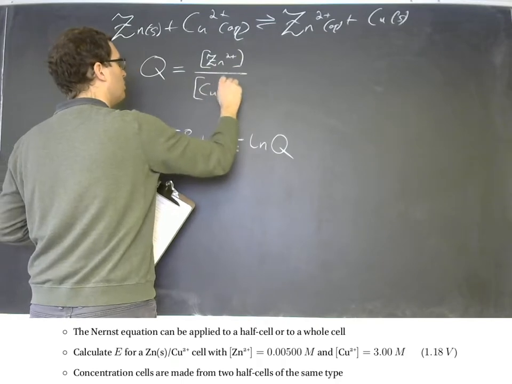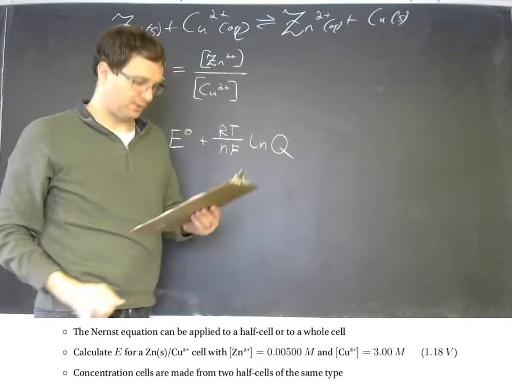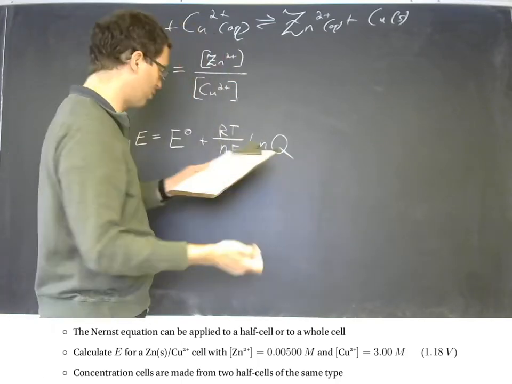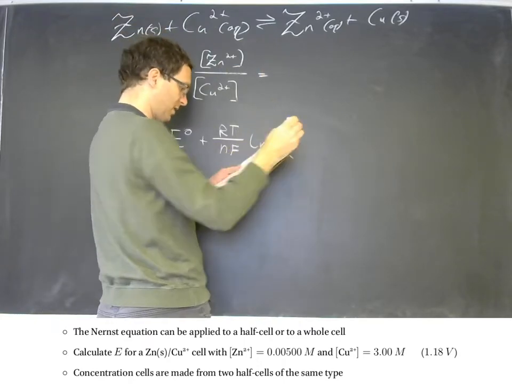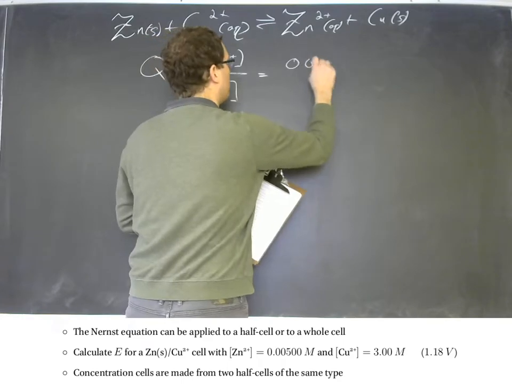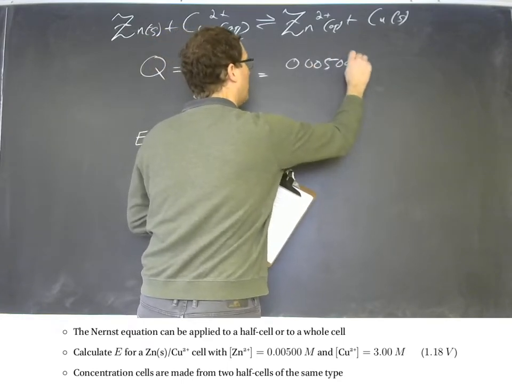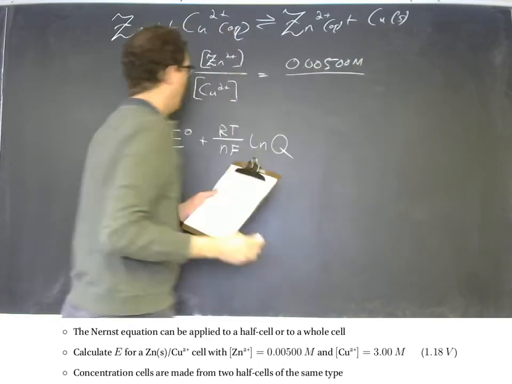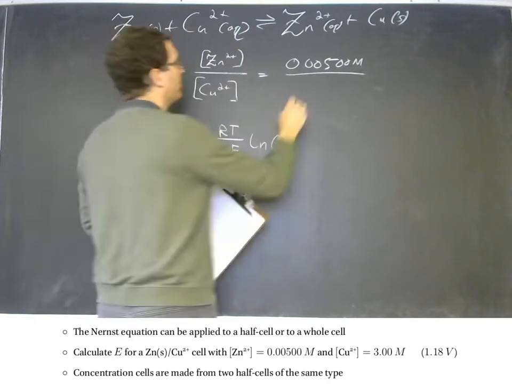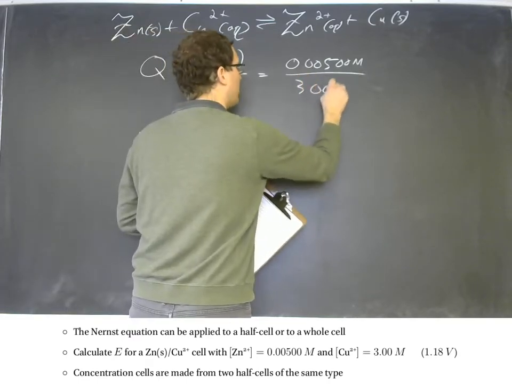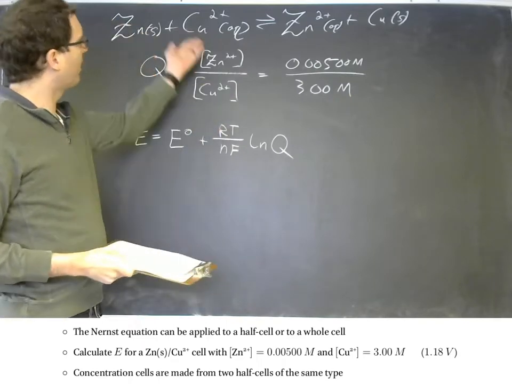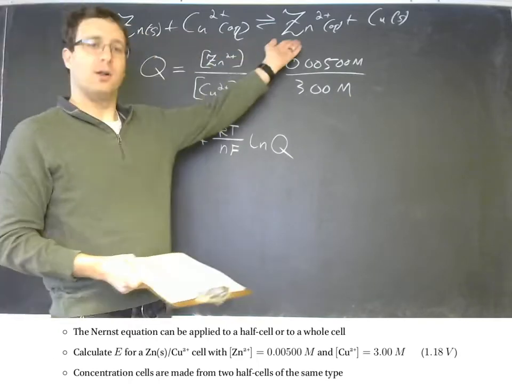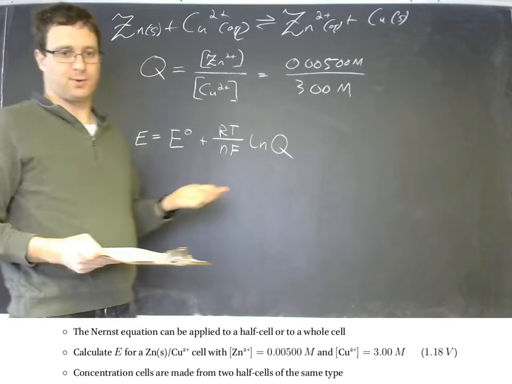So you can see in that practice problem, let's suppose we have a zinc concentration of 0.00500 molar and a copper concentration of 3.00 molar. So I chose those specifically to have a higher concentration of the reactant, a lower concentration of the product. This will have the effect of boosting the cell potential.